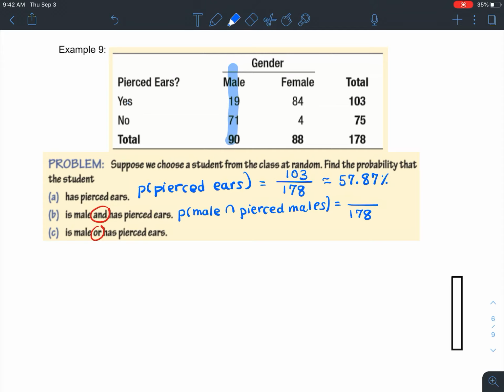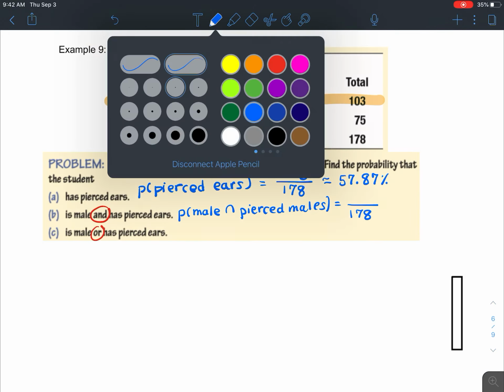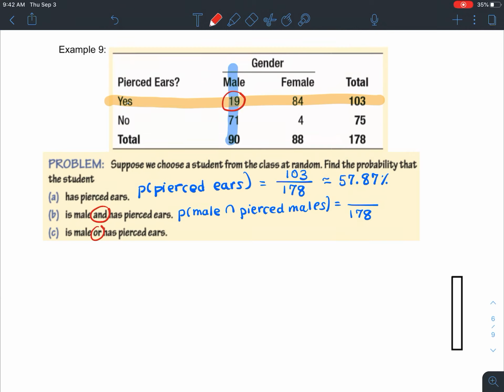Okay, but I want to look for where do the males and saying they have pierced ears intersect with each other. Okay, so I'm kind of looking down here at the male column, and then I'm looking over here at the yes, their ears are pierced column, and I see that those two things kind of collide right there at 19. Okay, so there are 19 males out of the 178 who have their ears pierced.